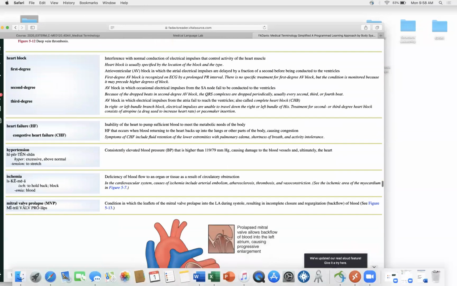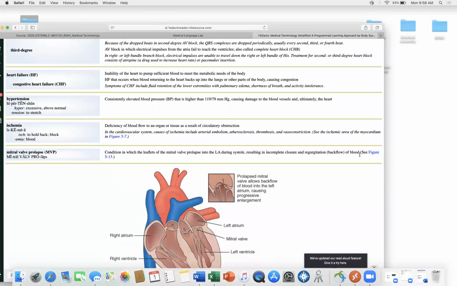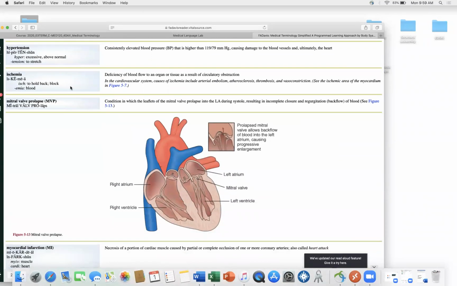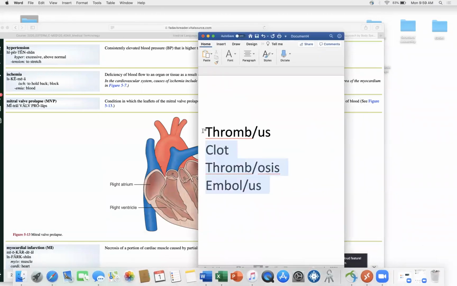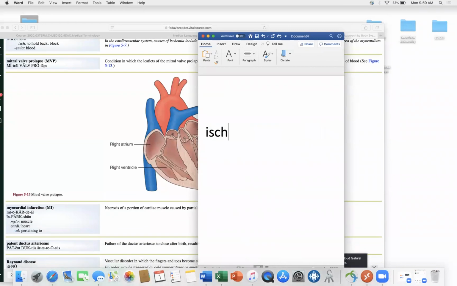Heart blocks, you learn. Heart failure, you learn later. Hypertension, of course. Now let's look at this word, ischemia. It's a little tricky, that word. Emia means blood condition. Ia means condition. Em is short for heme or iron, which deals with blood. Now, isch means blockage. So it actually means blood condition of blockage, or even partial blockage.